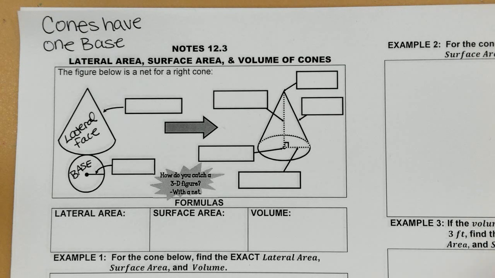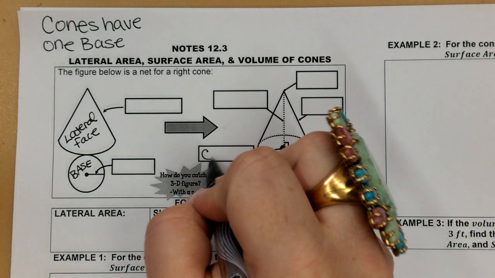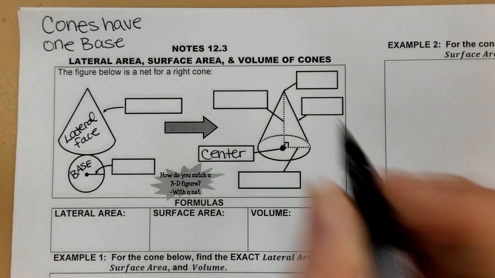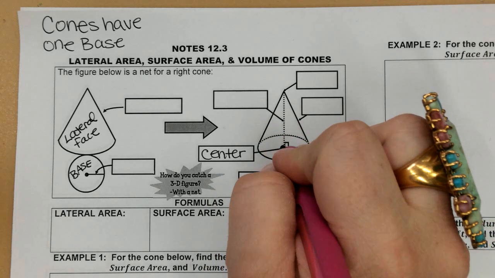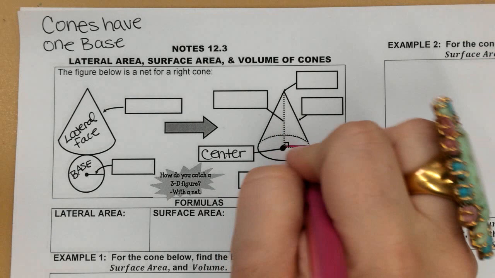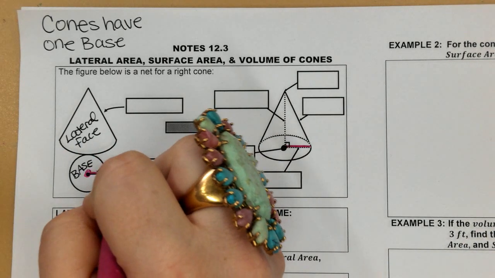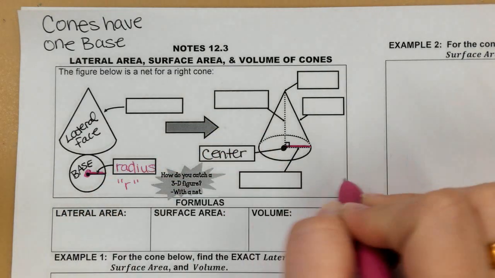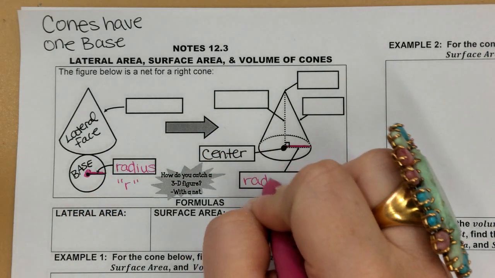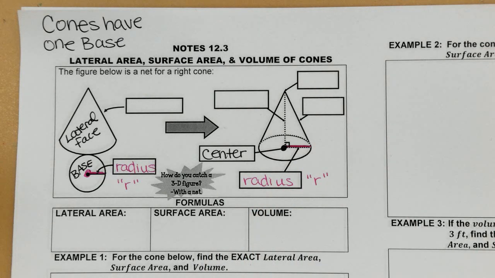So, on that base, we have the point here being your center, and from the center to a point on the circle, that is called your radius. That'll be the R in your formula.